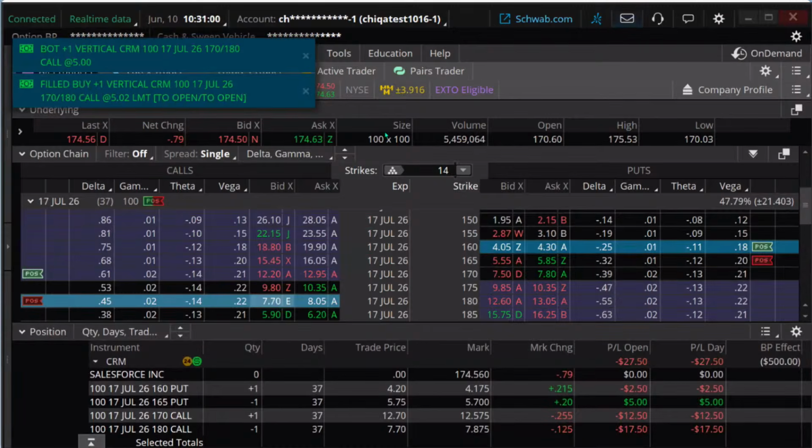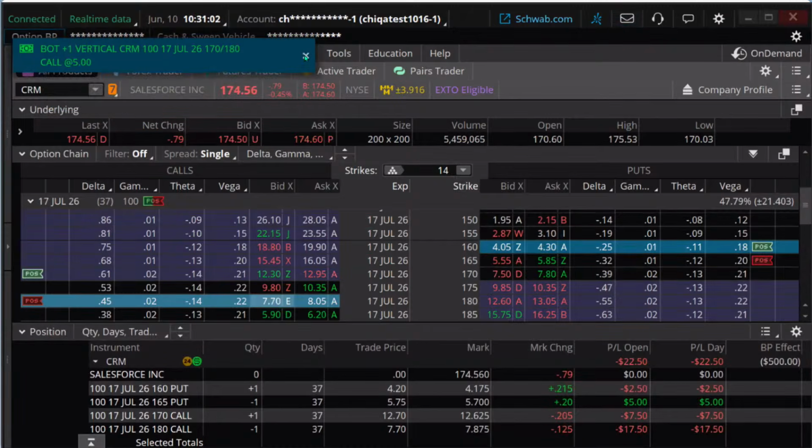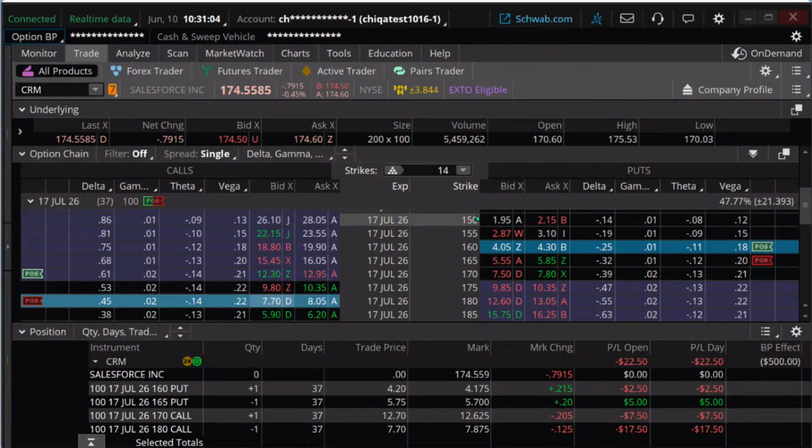Normally I wouldn't do two bullish trades, different types of bullish trades, on the same stock at the same time. But in this case it's just a demonstration of one versus the other. I want to compare and contrast.